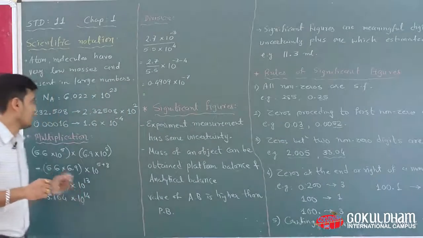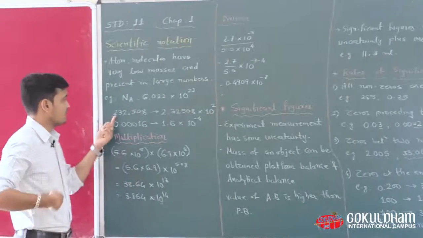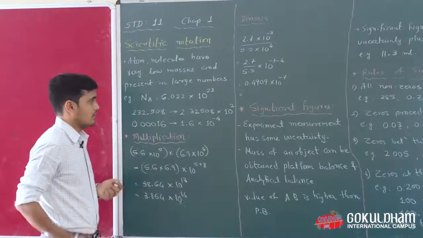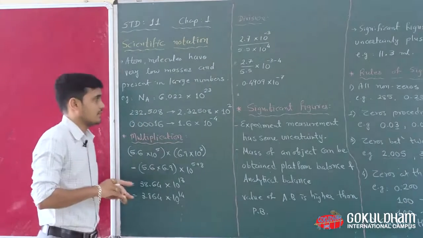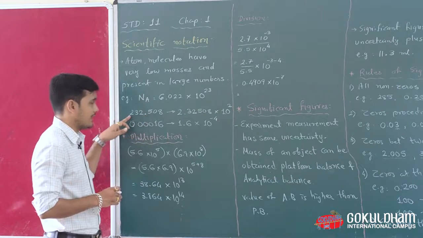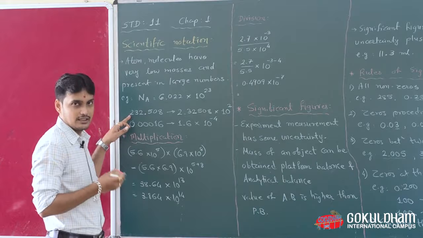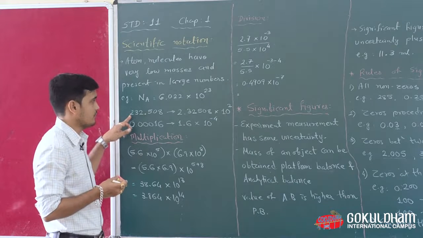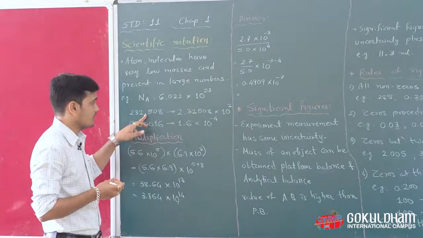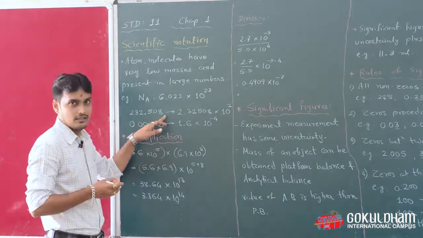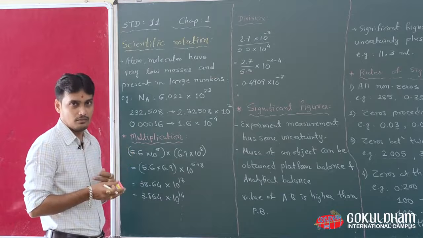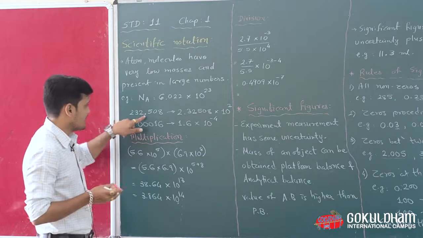Our second example, suppose we have been given 232.508. Now the rule of scientific notation is, when your decimal is moving towards the left-hand side, that is an increase in the positive exponent, and when your decimal is moving towards the right-hand side, the exponent will become negative.